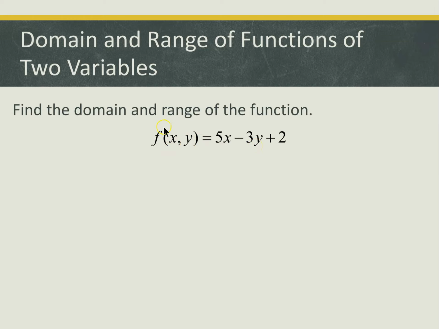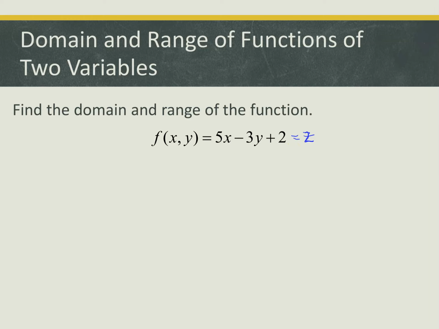Now remember that the outputs of this function are our z values. So we can think of this as also an equation like z equals 5x minus 3y plus 2. And we should recognize this as being a plane in space.